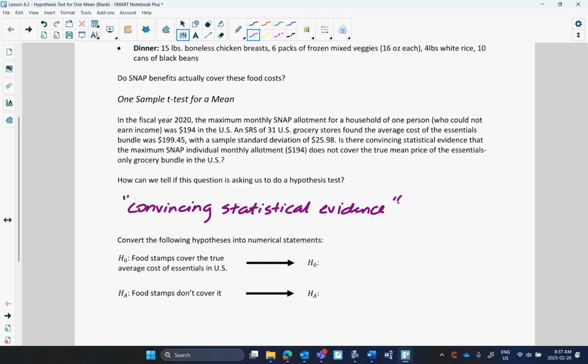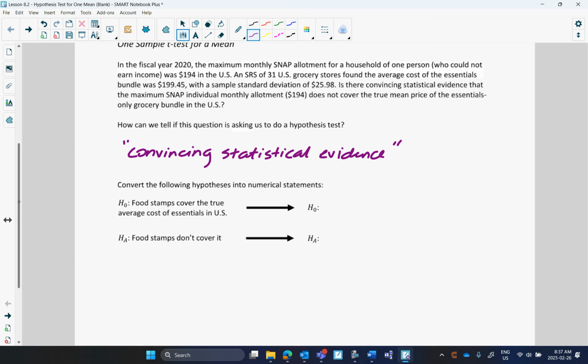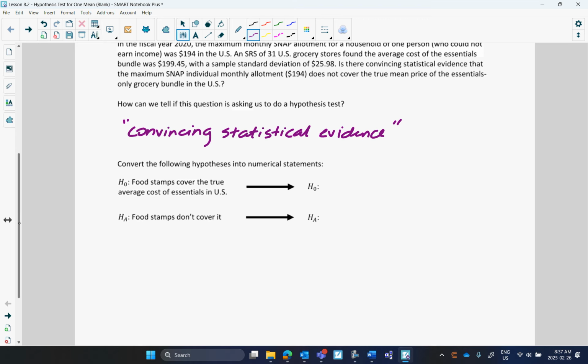So we want to set up a hypothesis test. And remember, to set up a hypothesis test, the first part is to determine what our null hypothesis is, and then put that in proper math notation, and then what our alternative hypothesis is, put that in, and then define what the true mean is we're testing against. So the null hypothesis, no change: the true mean monthly SNAP benefit is 194.